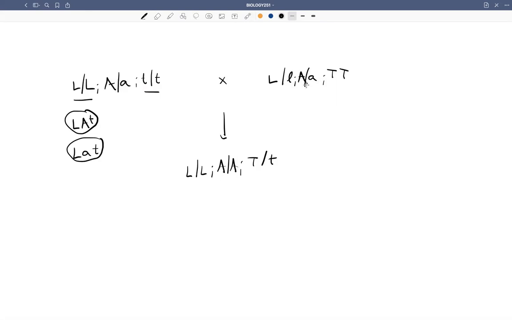This individual has 2 heterozygous genes: big L, big A, big T; big L, little a, big T; little L, big A, big T; little L, little a, big T. 4 possibles. Kind of skipping the gamete squares. You could do that with these though.